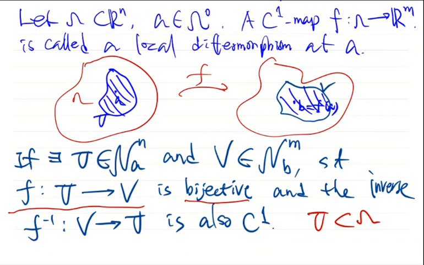If part of U is outside omega, for a point x in that part, F(x) has no meaning, because those x are not contained in the domain of definition of the map. Okay. So this is the language of local diffeomorphism. Very important.